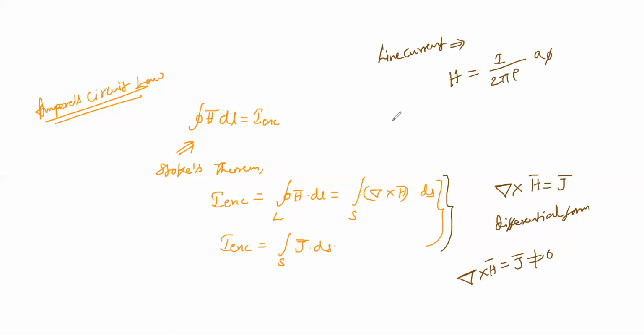If we apply it to the surface current, we get H bar equals 1 by 2 K bar cross aN, where aN is the unit normal vector directed from the current sheet.